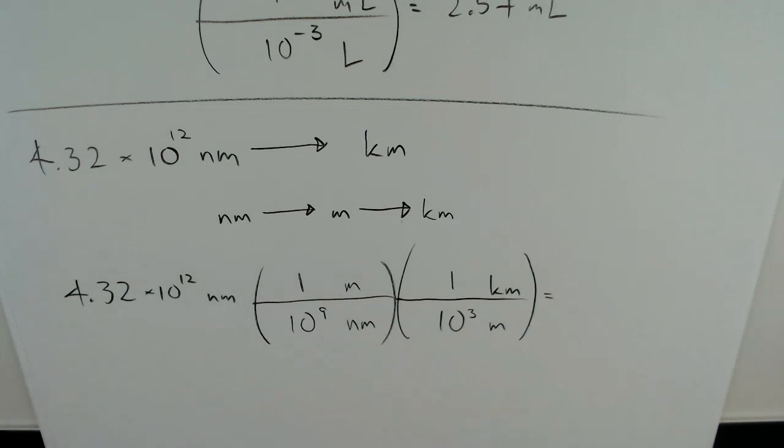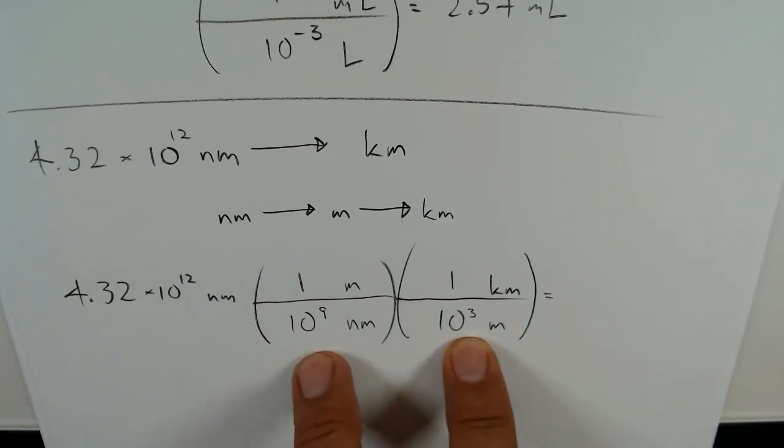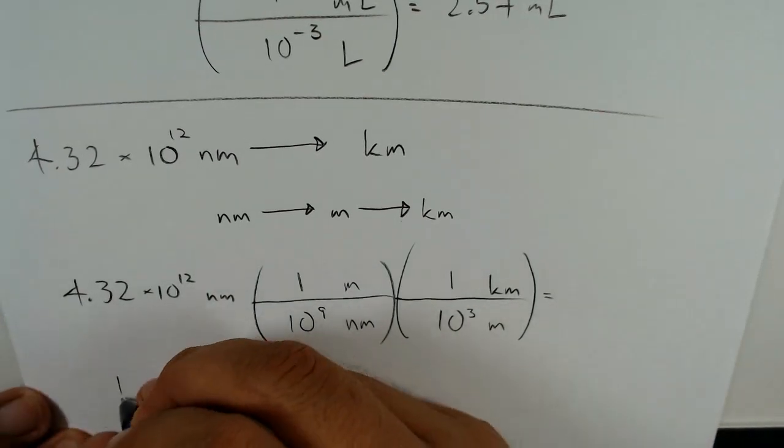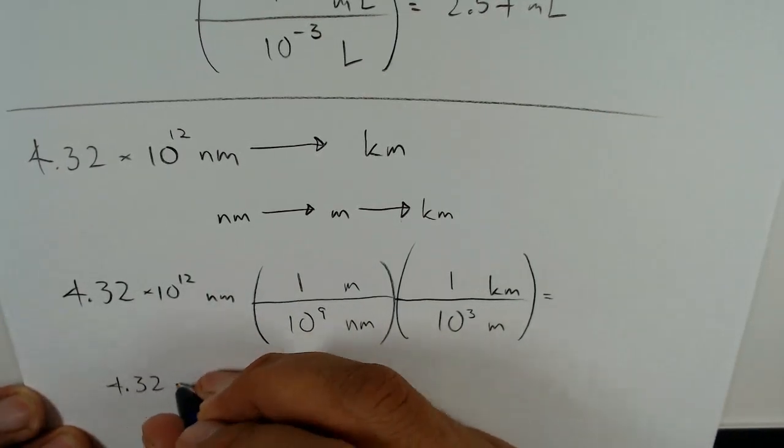What do you guys think? What did that equal to, without a calculator? It's equal to 1. Yep, so we have 10 to the 12 over 10 to the 9. The bottom here is 10 to the 12 effectively. So we have 10 to the 12 over 10 to the 12. Let me go ahead and write it out just so we're clear about what's happening here.